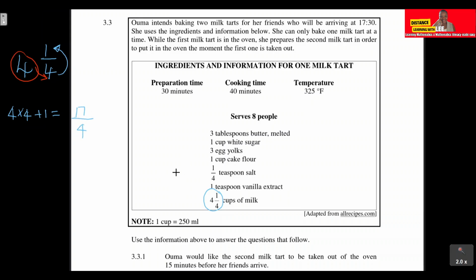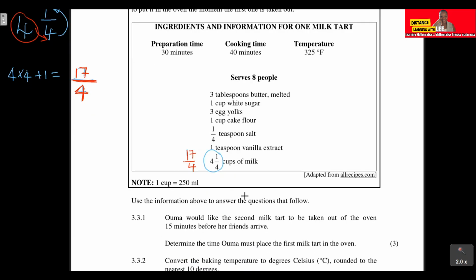So this basically means you'll need 17 over 4 cups of milk. Okay, so I thought it was very important for me to dive into that one before we even have a look at the questions, so that you guys have an idea of what is going on there and you don't panic. Okay, use the information above to answer the questions that follow.